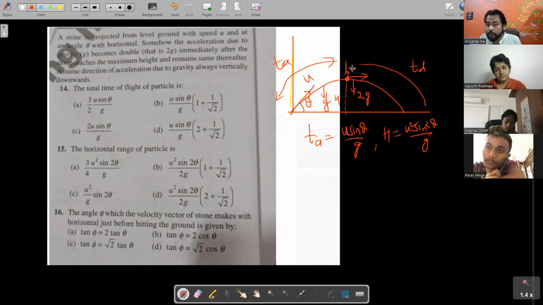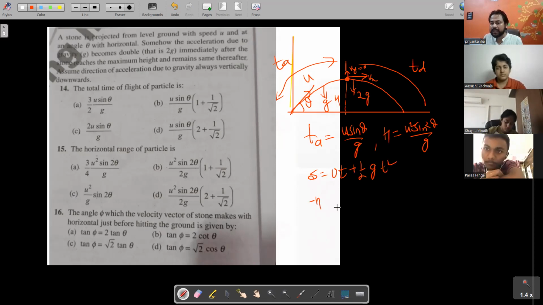So here there is no vertical velocity. It will have only the horizontal component of the velocity. Now the vertical displacement is minus h. So apply this: s equal to ut plus half g t square.